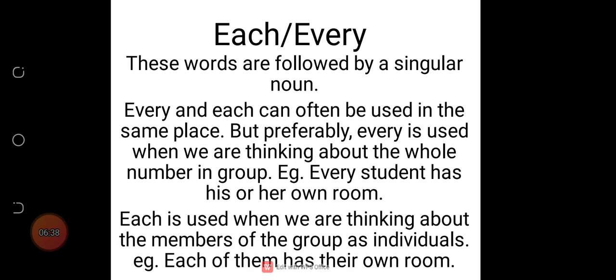Now let's look at each and every. These words are followed by a singular noun. Every and each can often be used in the same place, which means you can change them and use them. But preferably, every is used when we are thinking about the whole number in a group.